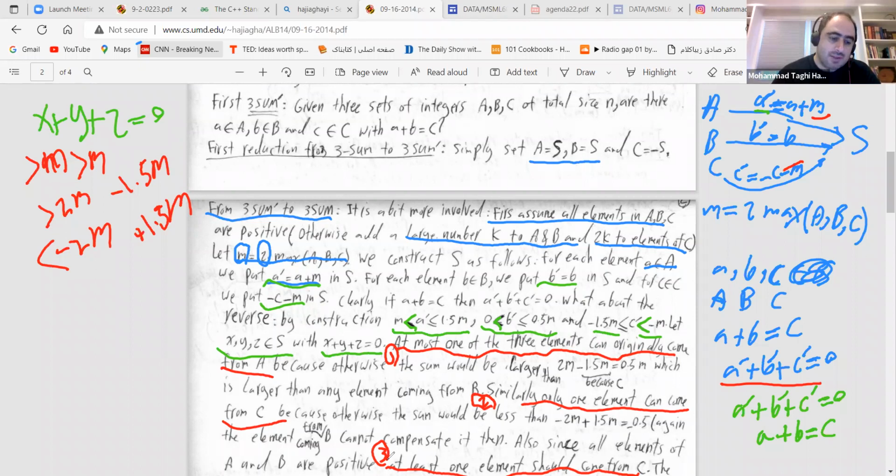Now, we have this other condition that at most one element should come from A. If there is exactly one element from A, then we are done, because there is one element from B and then we can find these three elements.